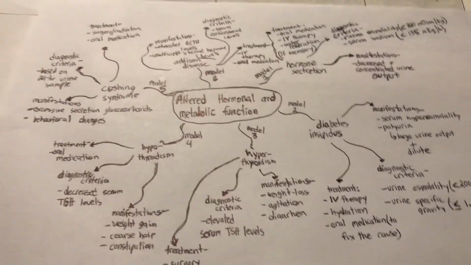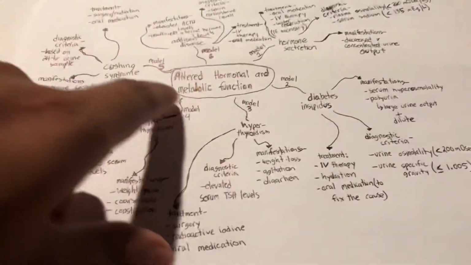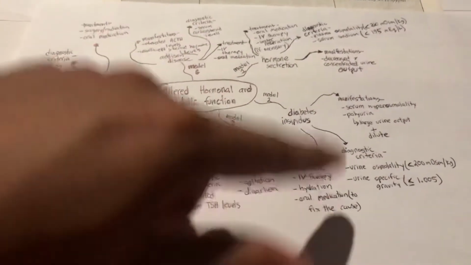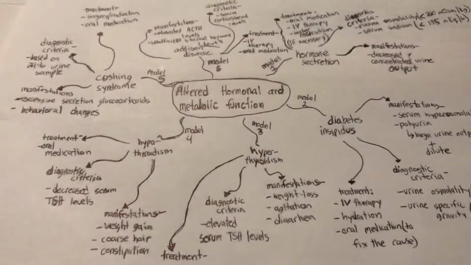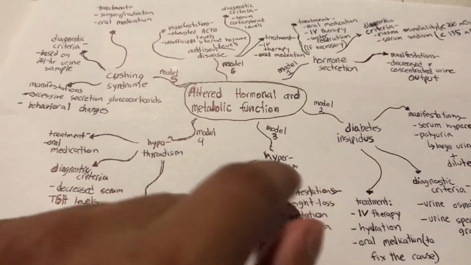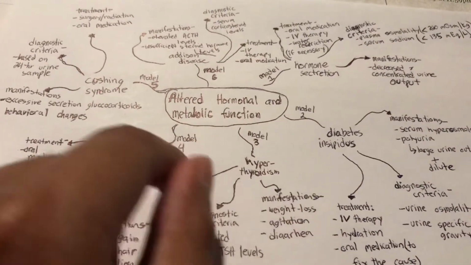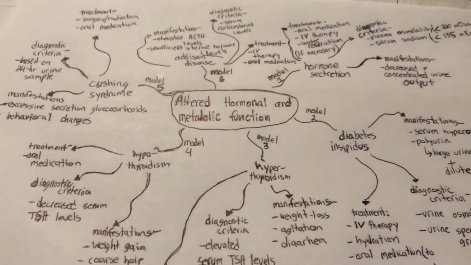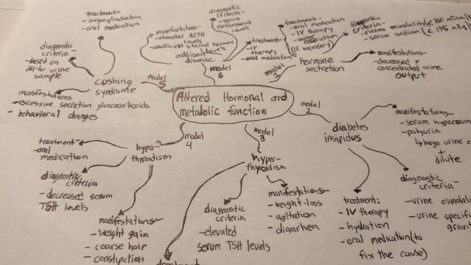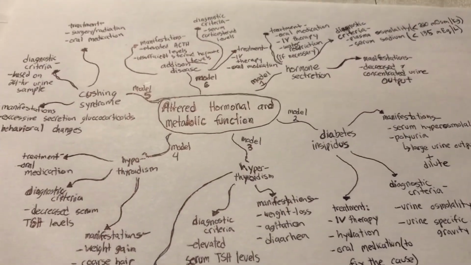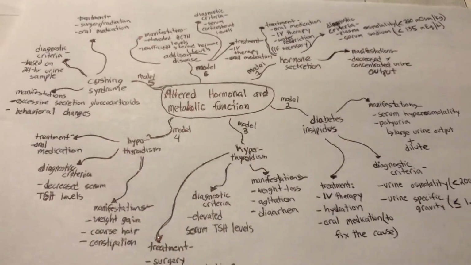Again, with most concept maps for me, I have a tough time fitting the information on an 8x11 piece of paper. This one in specific, because there were 6 different diseases or altered hormonal functions that I had to fit on this piece of paper, but in the end I got it done.